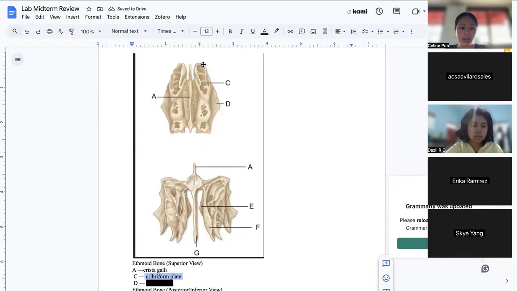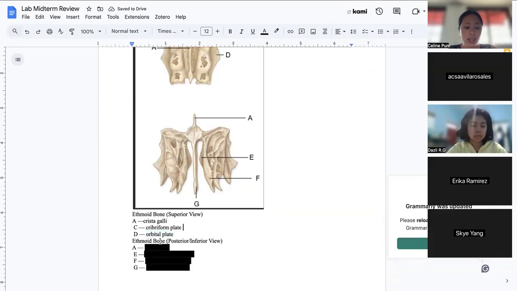I always remember them because they're very rectangular. And then D is this part. It sits where your eyeballs are. Do you guys remember what that's called? Yep, the orbital plate.